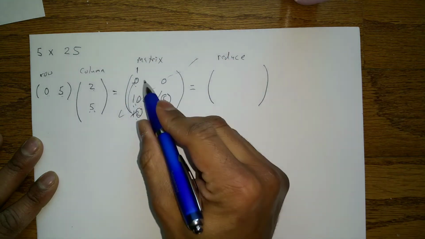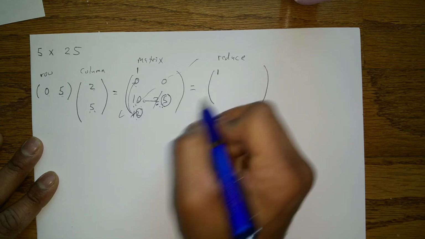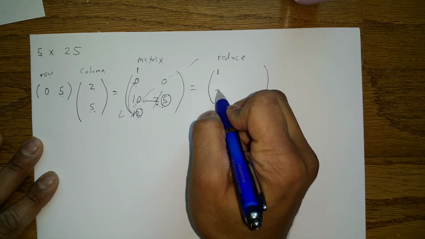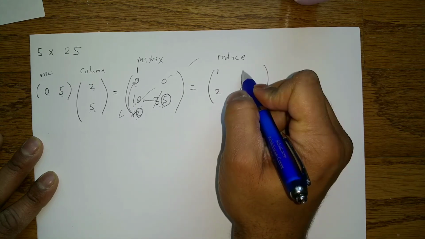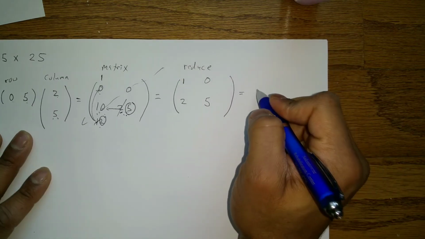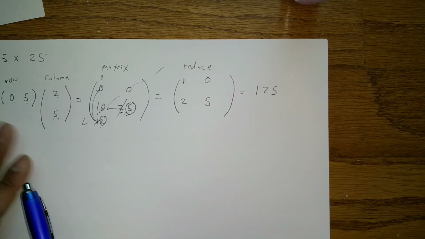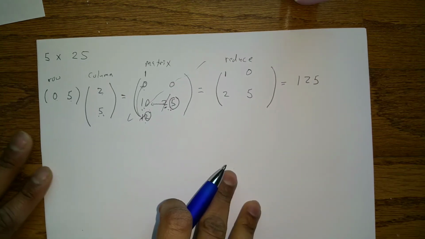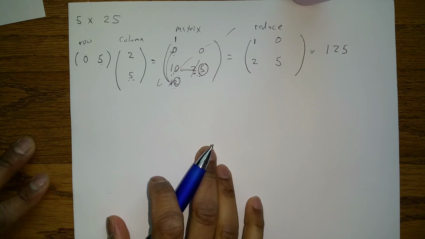When I write down what I have left, I've got a 1 there, a 2 because I circled it, and then a 5 left over. And so it's reduced, and now I just write down the answer, which is 125, exactly as we expected. I hope that wasn't too hard to understand.